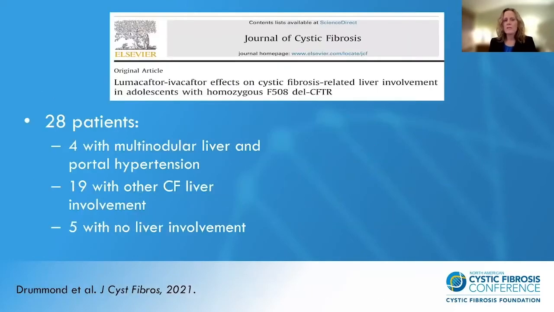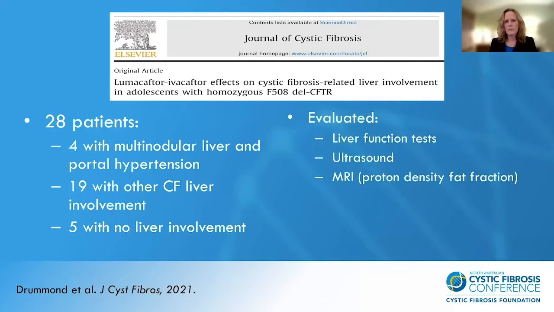I'd like to focus on this recent study by Drummond et al., looking at 28 patients treated with ivacaftor lumacaftor. They were homozygous F508del mutations, and there were 4 patients who had multinodular liver disease and portal hypertension. 19 of the patients had some other CF abnormality, either serologic or radiologic, and 5 had no liver involvement at all.